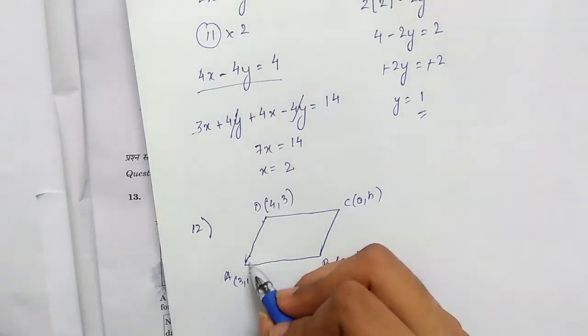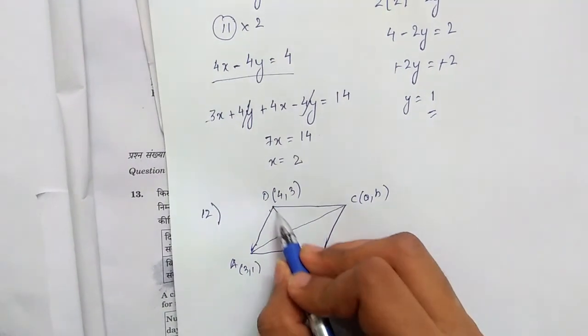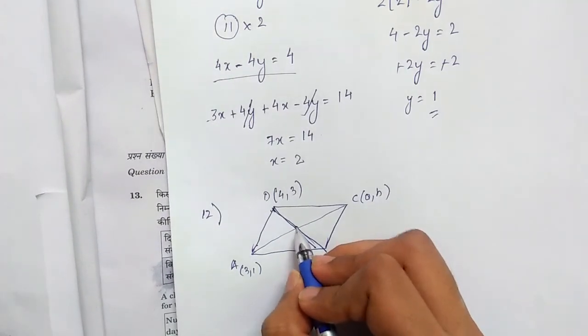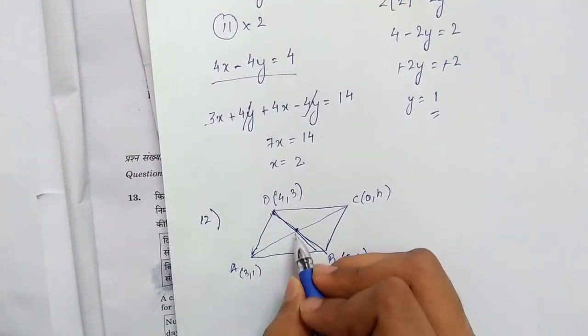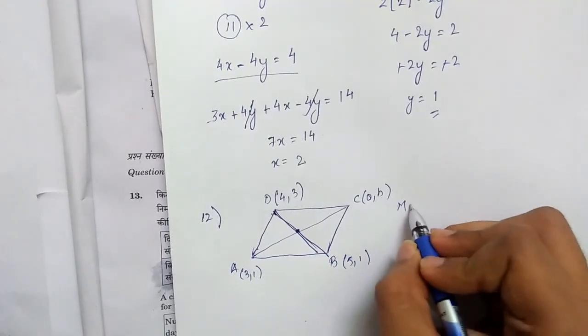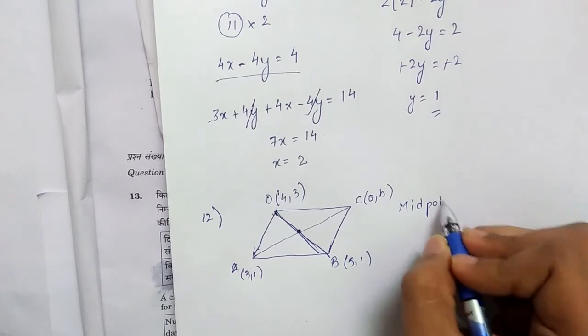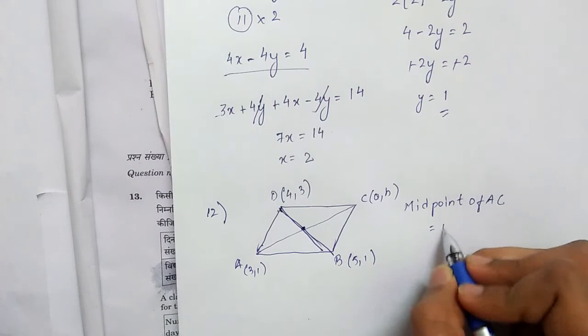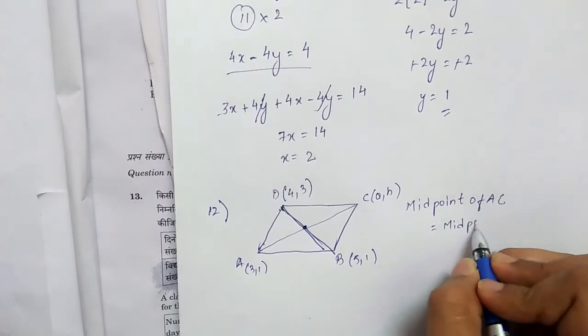Simply, we know that the diagonals of a parallelogram bisect each other. So the midpoint of AC as well as the midpoint of BD will be the same. So the midpoint of AC is equal to the midpoint of BD.